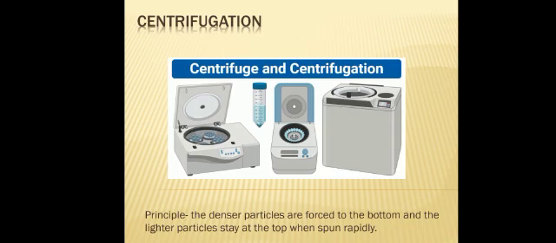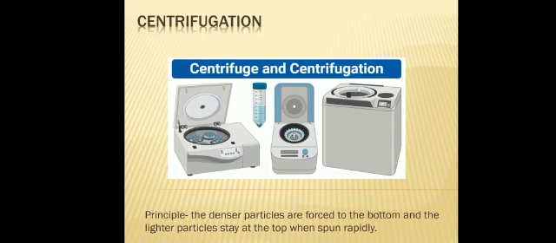Centrifugal machine applications are available at home also, in the form of the washing machine and mixer grinder. Students, you have seen, in a mixer grinder, when we spin milk rapidly, we can separate the lighter particles, that is cream, from it.